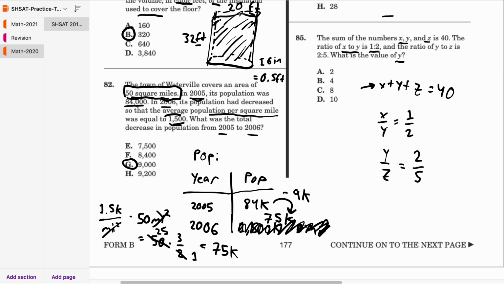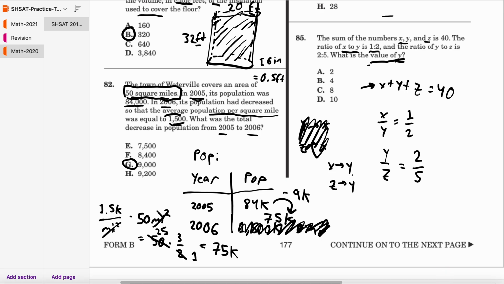My goal could be to express y in terms of x and z in terms of x, because then I can add this all together in terms of x and solve for x. But that's not the most direct route, because we're trying to solve for the value of y. So I'm actually going to work on expressing x in terms of y and z in terms of y, because then I can solve for y.